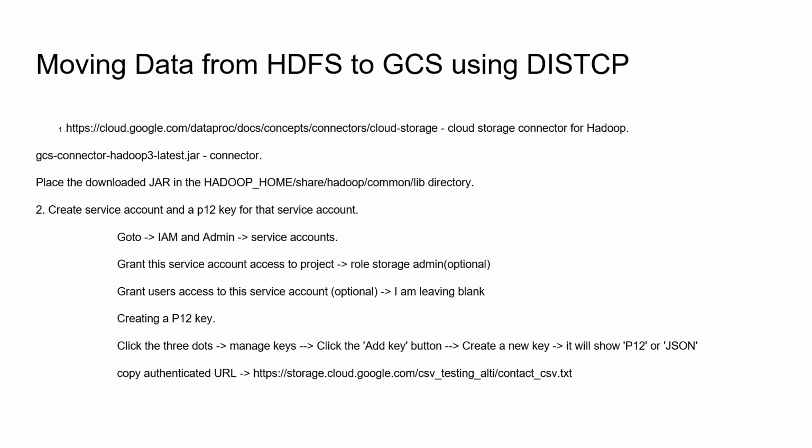Granting users access to the service account is optional. Then, for creating a P12 key, click on the three dots, manage keys, click the add key button, and create a new key. It will show P12 or JSON; choose P12, and then copy that key and place it in core-site.xml. So this will make connectivity between GCS and Hadoop.